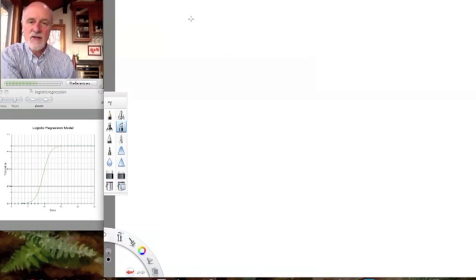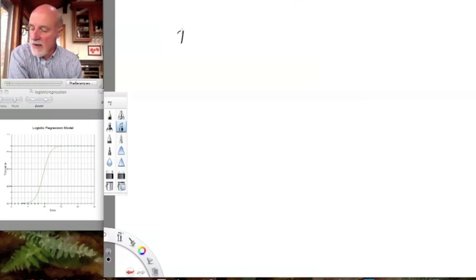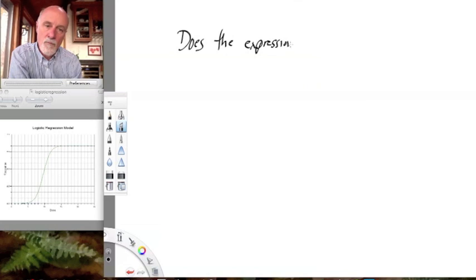Logistic regression is when we want to answer questions that obviously have a nominal y variable. And there are a lot of interesting ones in biology where you might have y variables that are nominal. For example, does the expression of gene X affect the possibility of an individual getting cancer?